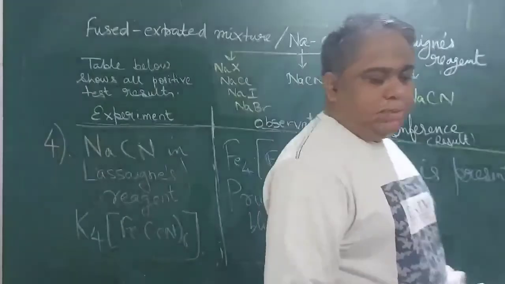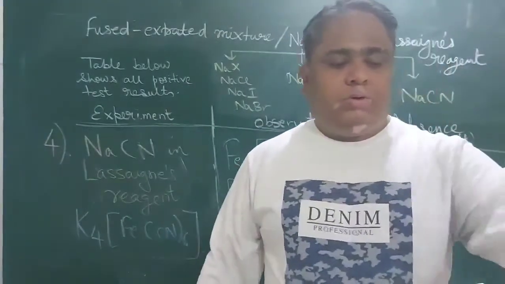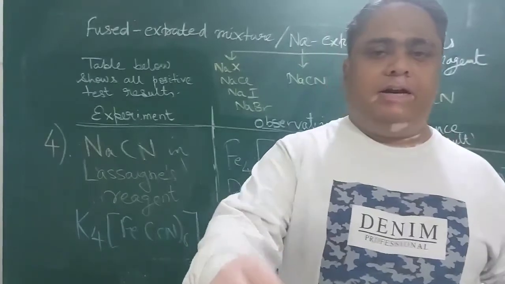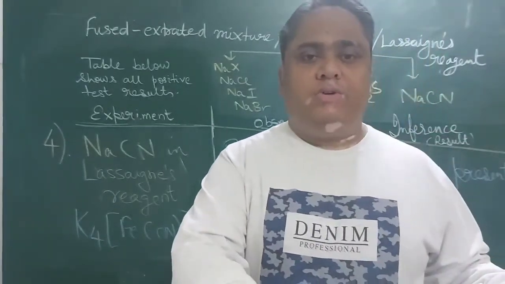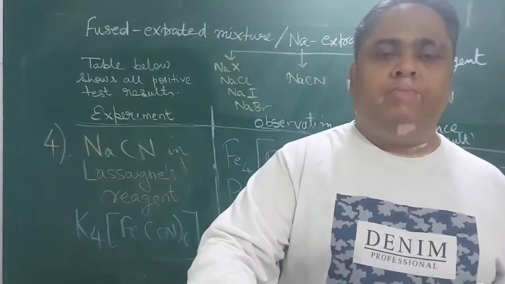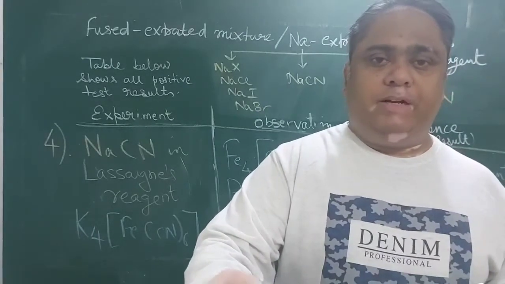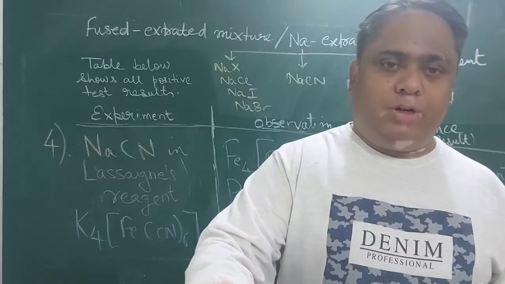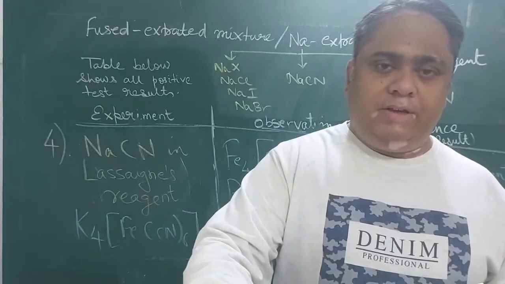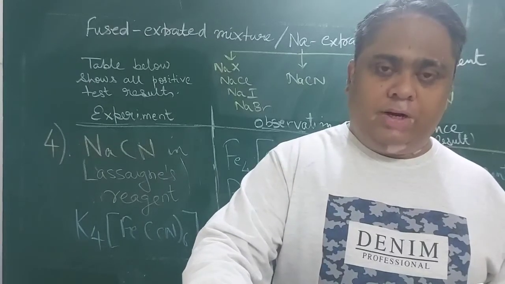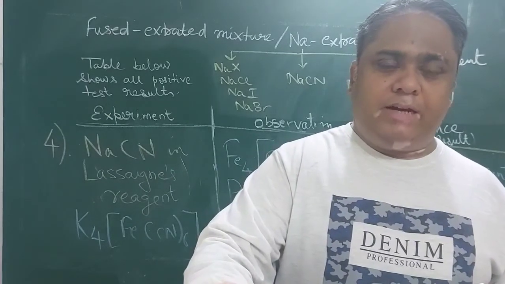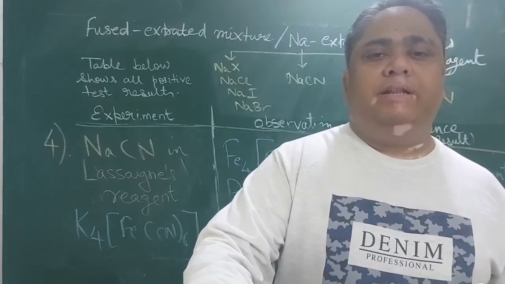Okay. So to summarize back again, what do we do? To find out the elements like halogen, nitrogen, sulfur, phosphorus present in an organic compound, we melt it with sodium metal in a fusion tube. Then in a mortar and pestle, we pulverize it. Then we filter out the whole liquid such that the glass particles and undissolved particles remain in the filter paper.